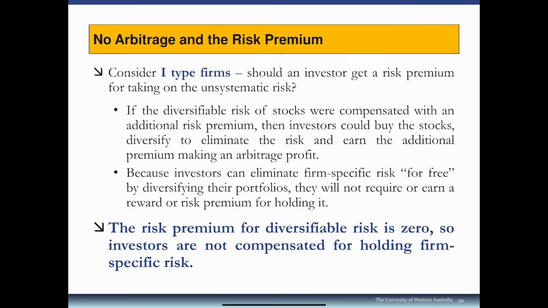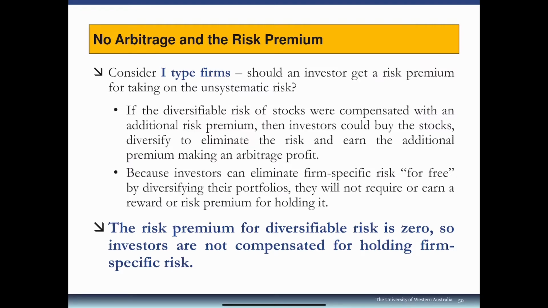So here's the argument. If the diversifiable risk of stocks were compensated with an additional risk premium, then investors could buy the stocks and diversify out this extra component to eliminate risk and earn the additional premium, making an arbitrage profit. Of course, investors can eliminate the firm-specific risk for free by diversifying their portfolios.